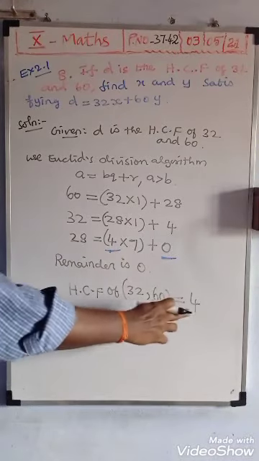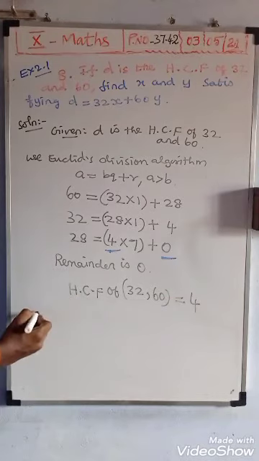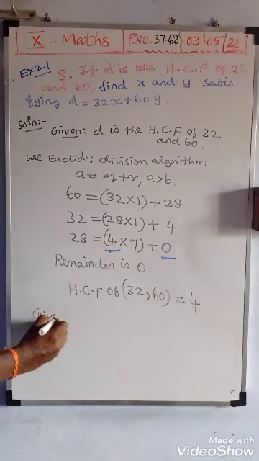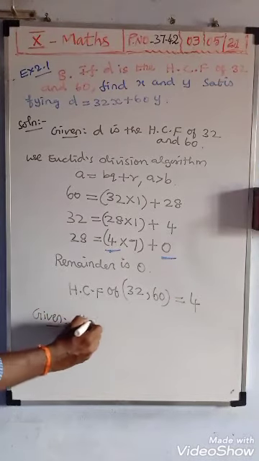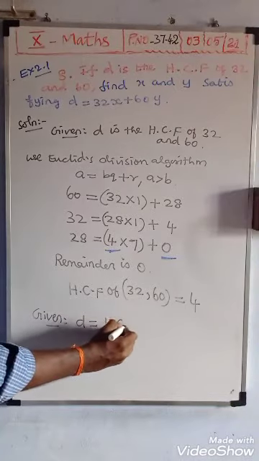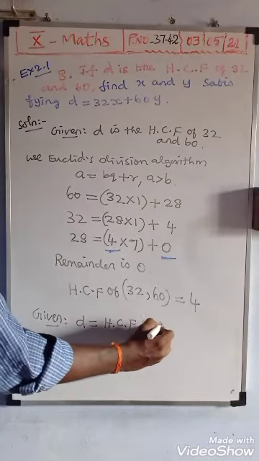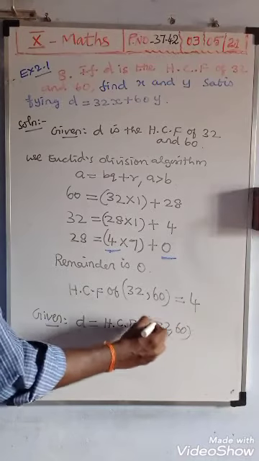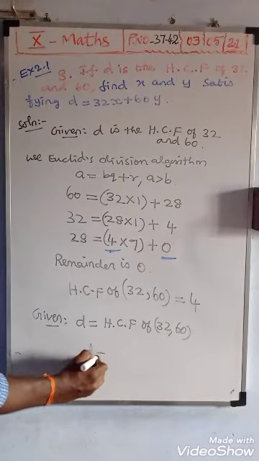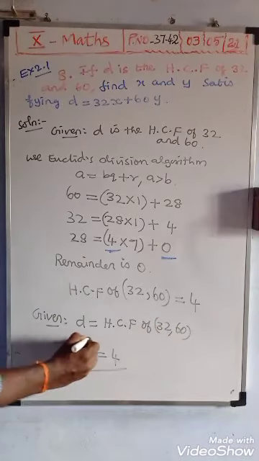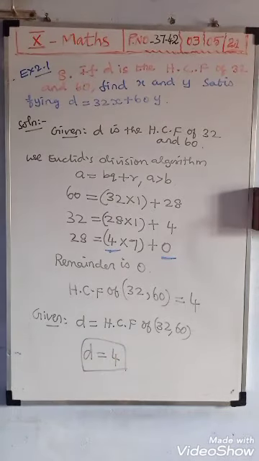This is the value of what? D. So given D is equal to HCF of 32 comma 60, therefore D is equal to 4. D value is equal to 4. Okay, D we received.